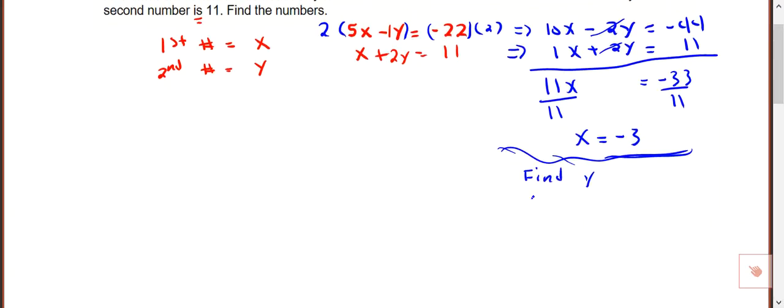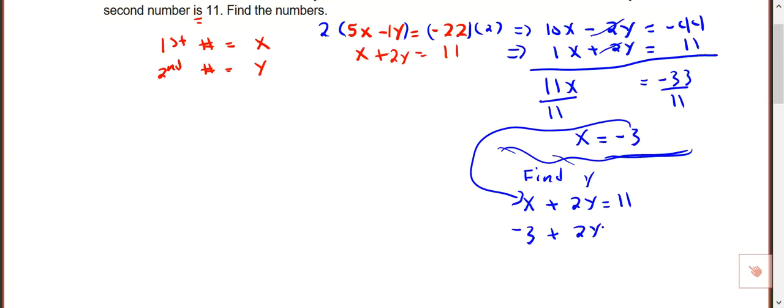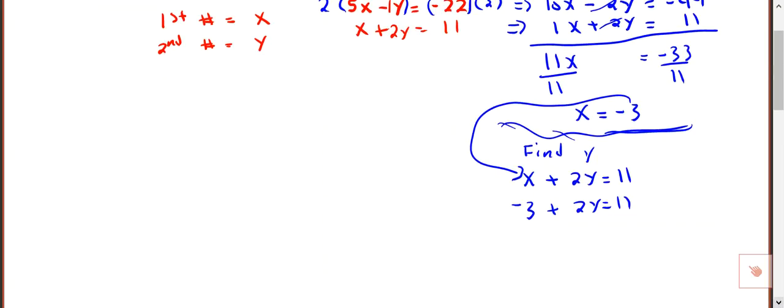So my second equation was x plus 2y equals 11. I now know the value of x, so I can substitute or replace x with negative 3. This allows me to find the value of y by solving this equation.